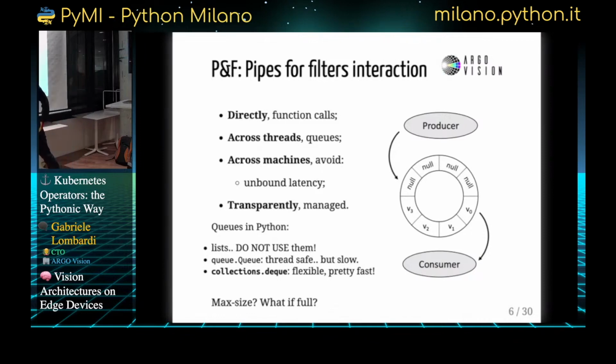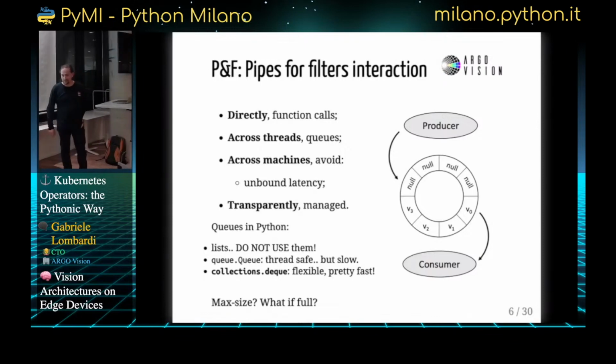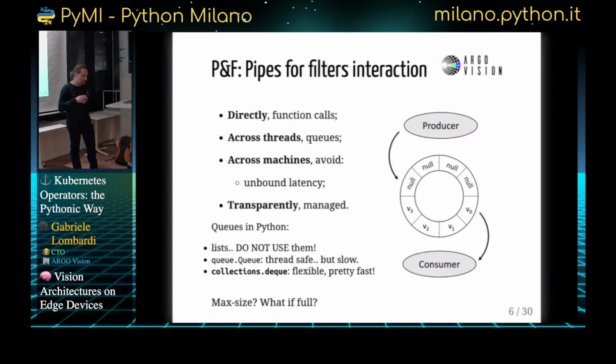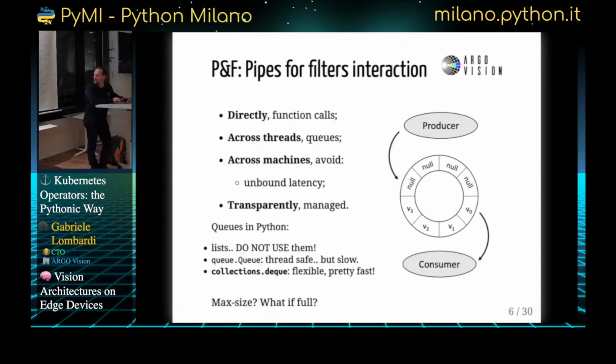In Python, you have lists. Do not use lists, very, very bad. It may be good from the performance point of view only if you use the list like a circular buffer, but don't reinvent the wheel. Use what is already done for that. You have the queue or the deque, and the deque is the best one.